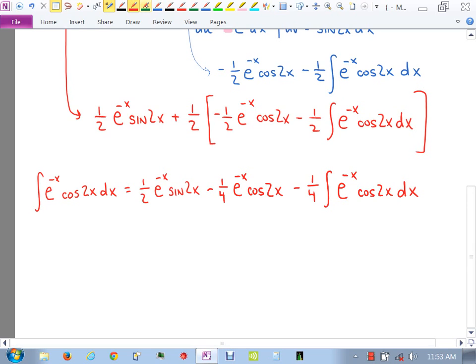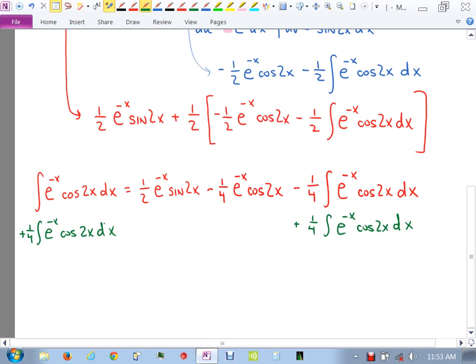So why don't I add over here 1/4 integral? Don't ask me what it is. I have no idea. But what I know is I can always take an equation and add anything I want to both sides, any number. So plus 1/4 integral e to the negative x cosine 2x dx.